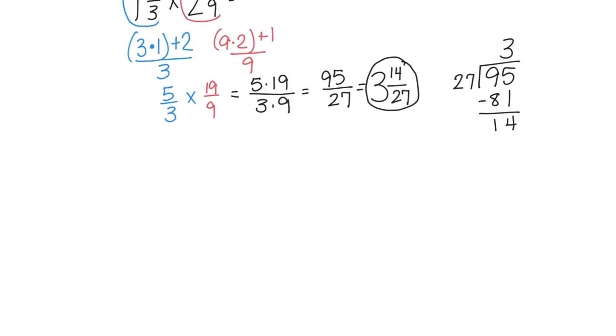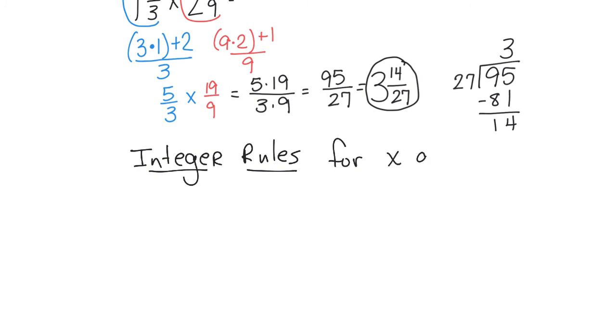Some of their problems may involve integer rules for multiplying. I've given students this little trick to remember their rules for multiplying and dividing because they are the same for multiplying and dividing. So I've given this little mnemonic, and I tell my students that if the signs are the same, I'm happy, and my answer is going to be positive.